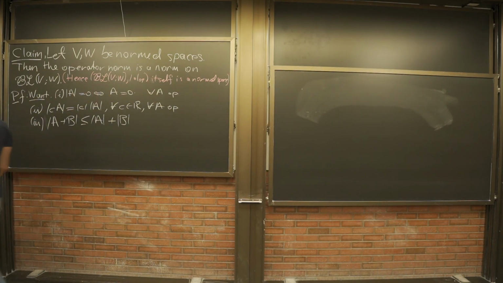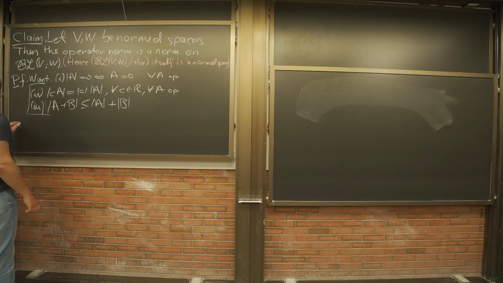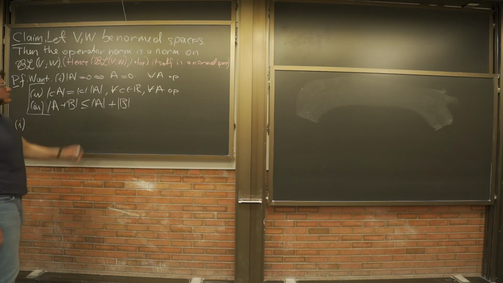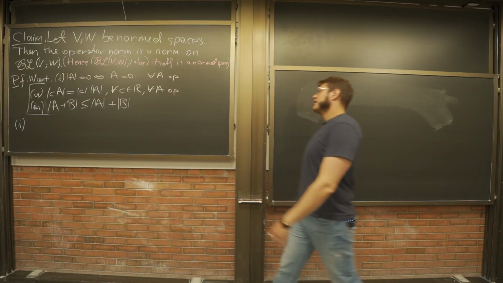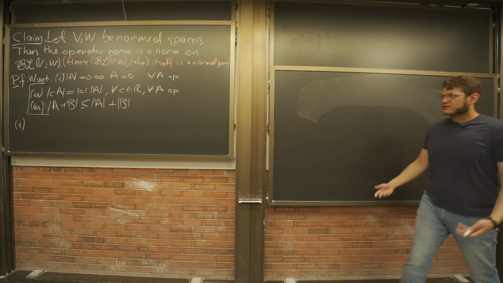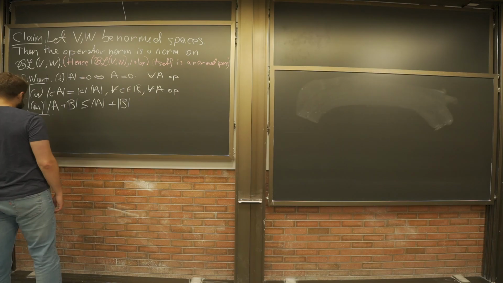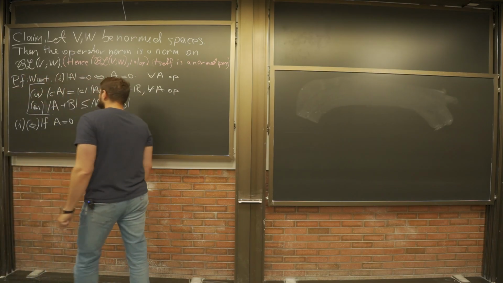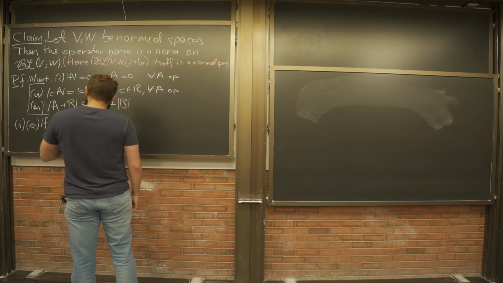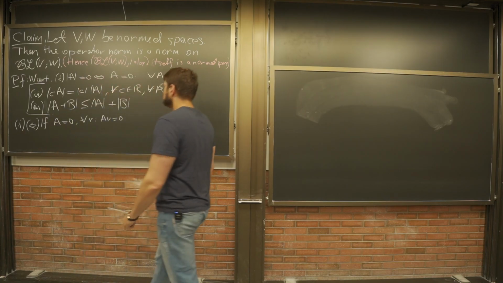Let's start with the first one. It's an if and only if, so I need to prove it either way. If A is the zero operator, that's the easier side. Going in this direction, if A is the zero operator, that means that for any V, A times V is 0.